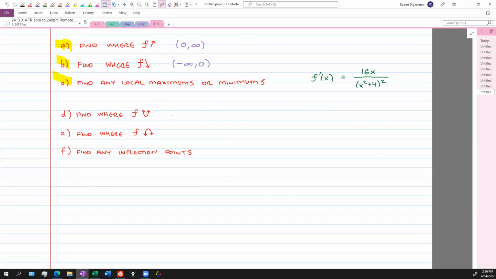Please answer the poll. Let me know if you have it. And what I mean is, have you set the derivative equal to 0 and solved it?